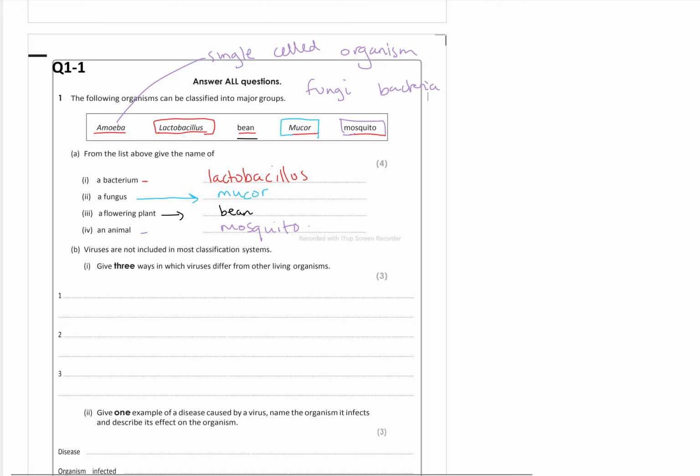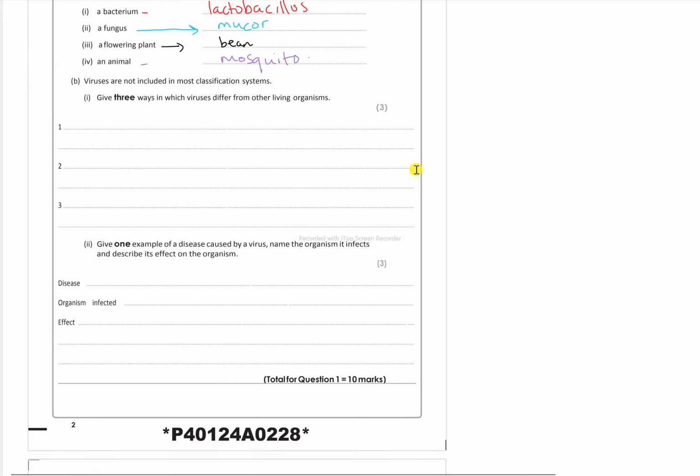So it can go into different groups or categories of organisms. Right. Viruses are not included in most classification systems. Give 3 ways viruses differ from other living organisms.